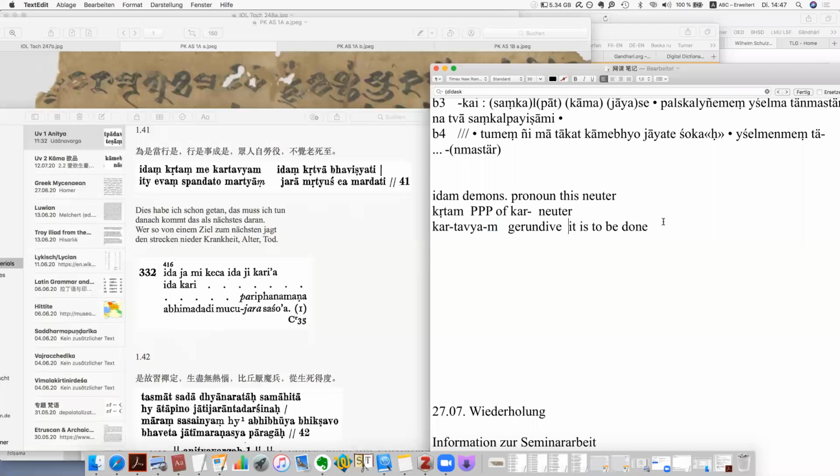Yeah, it is to be done, or it should be done. Okay, and then idam again the same one, and krita, kritava, sorry, kritava is absolutive, so having done, yeah.